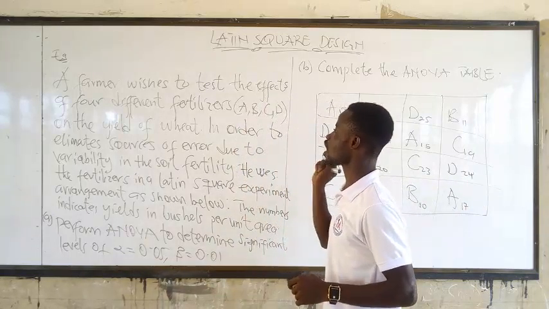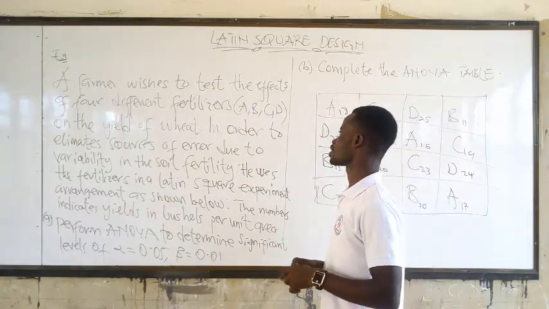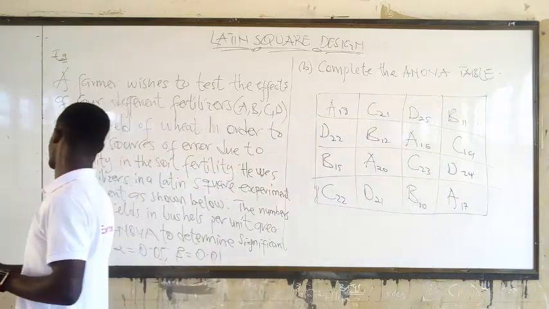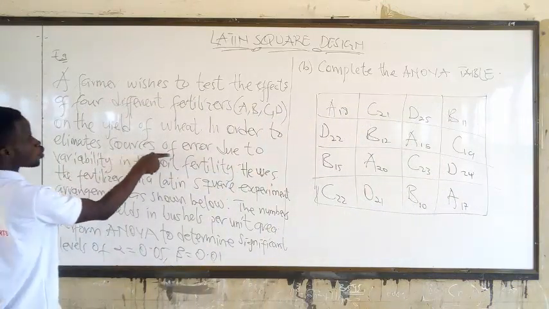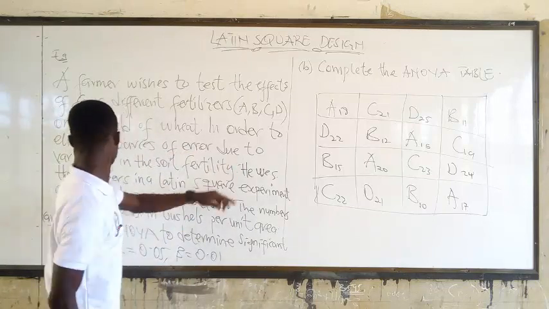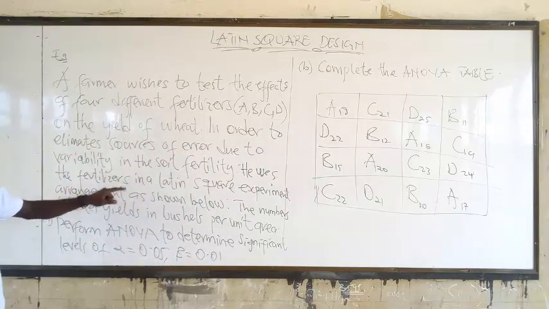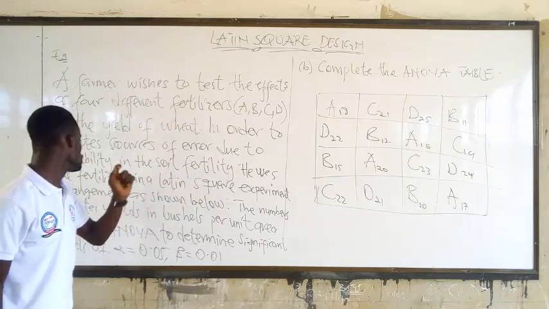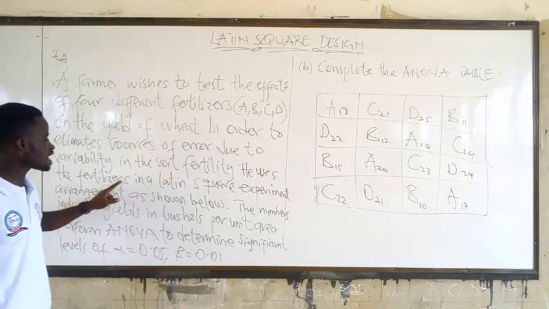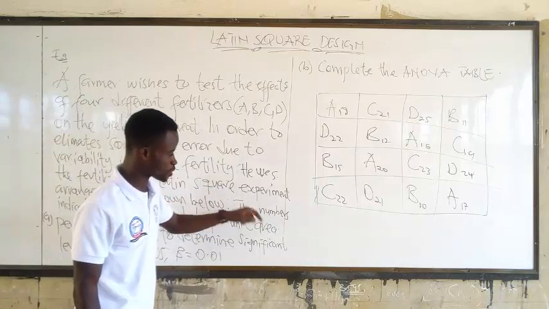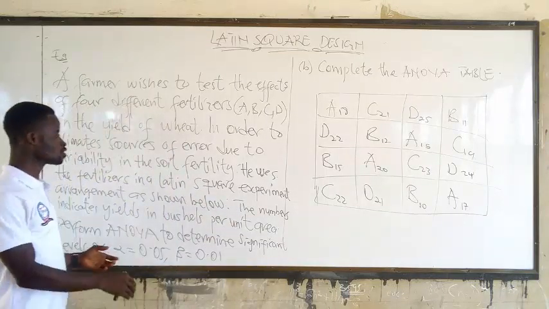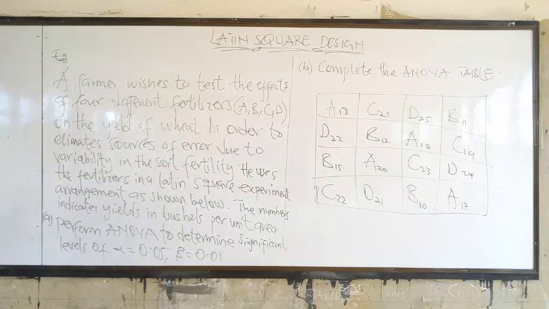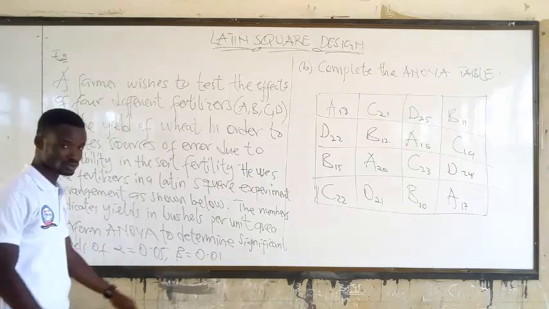On the yield of wheat, in order to eliminate sources of error due to variability in the soil, he uses the fertilizers in a Latin square experiment arrangement as shown below.